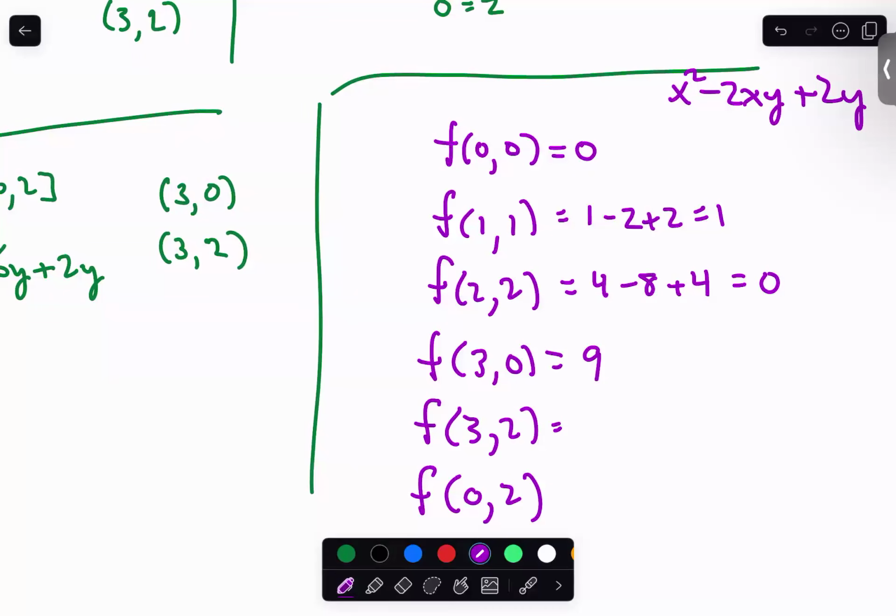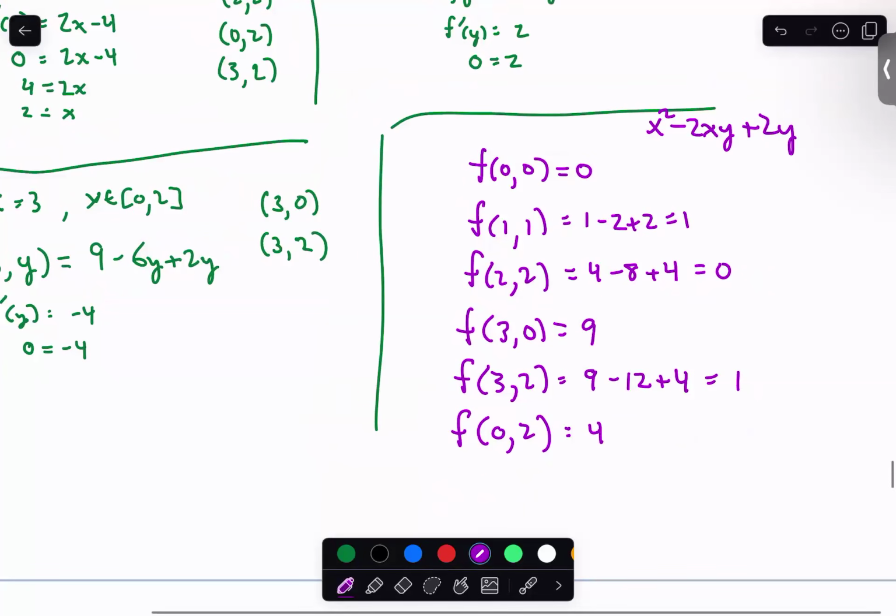When I plug in 3 for x and 2 for y, that gives me 9 minus 12 plus 4. So let's see, -3 and 4 is going to be 1 there. And then finally, when I plug in 0 for x and 2 for y, that's going to give me 4. Did I make any mistakes? Anyone catch any mistakes? Good.